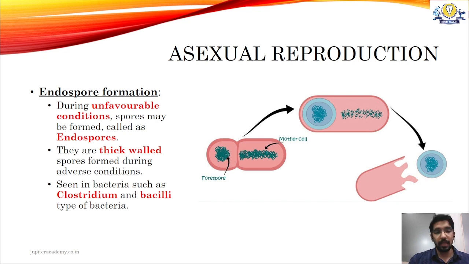As I said, they are thick walled and formed during adverse conditions. Examples are Clostridium and Bacillus. As we can see, there is a formation of a spore in the mother cell, and as soon as the spore is formed, the DNA in the mother cell disintegrates, thereby releasing the spore by breaking the cell.